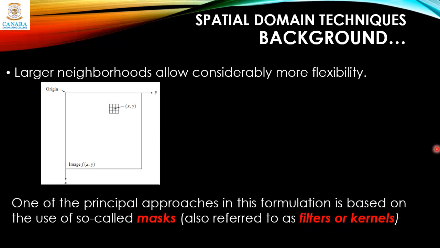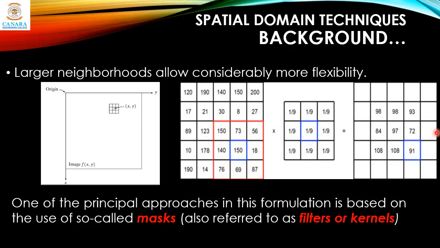One of the principal approaches in this formulation is based on the use of so-called masks, also referred to as filters or kernels. How it works is you have a mask, in this case a 3 cross 3 matrix, and this is an averaging mask or averaging filter. So there are 9 pixels.